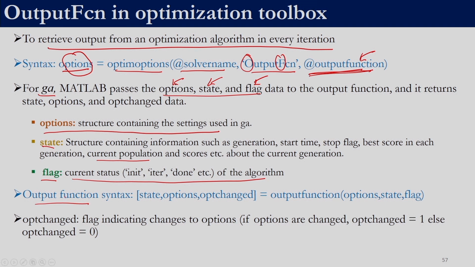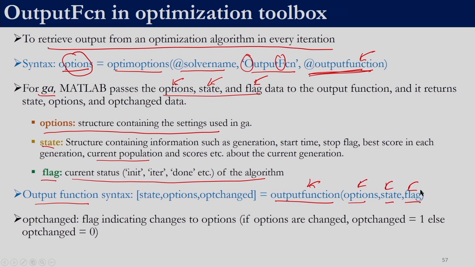The syntax of the output function, if we are using GA, is whatever the name of the function that we want to give. Remember, this is a function that we write, it is not an inbuilt function. So whatever function name we give, we will receive three things. The function that we write should be capable of receiving three things: options, state, and flag, right.